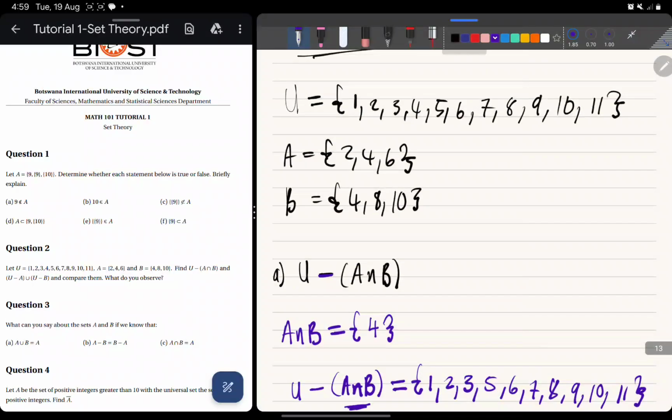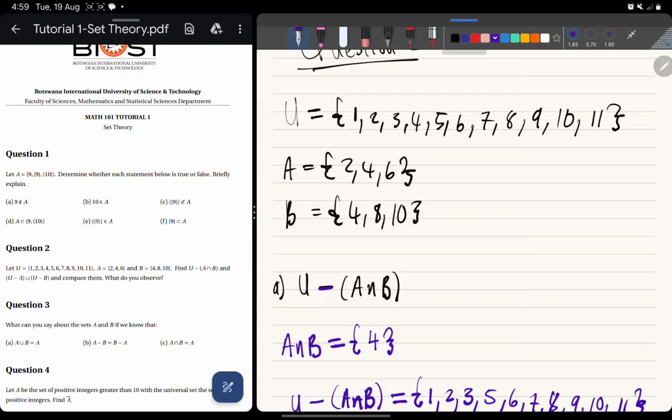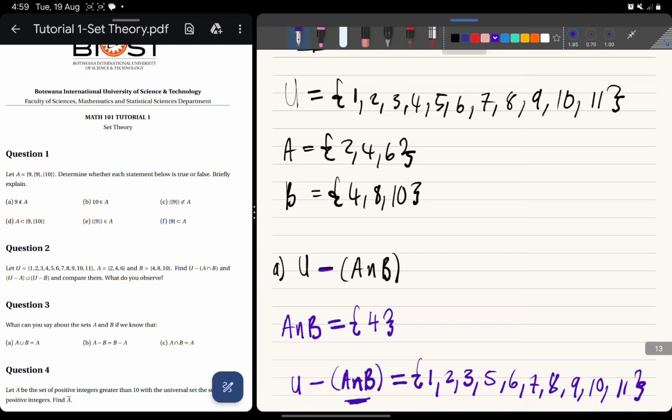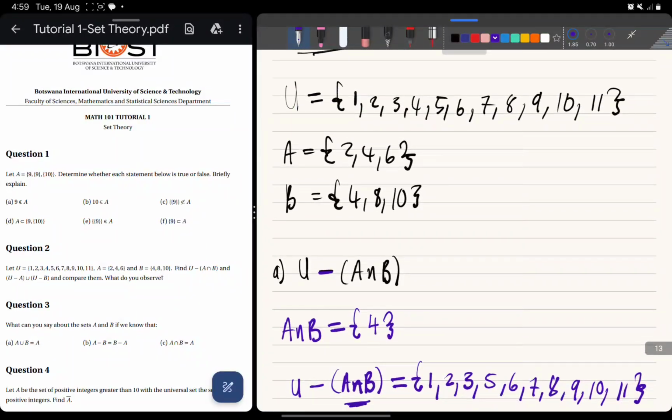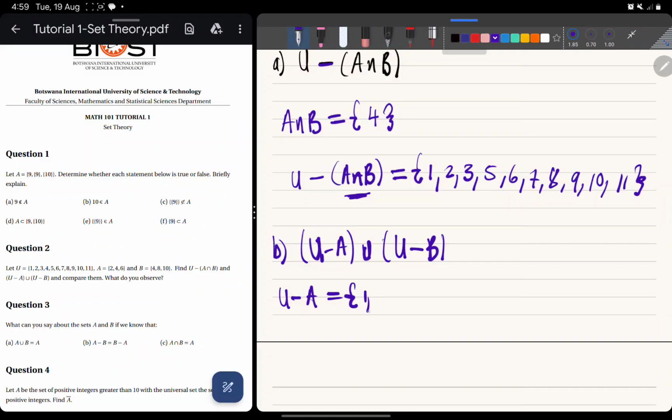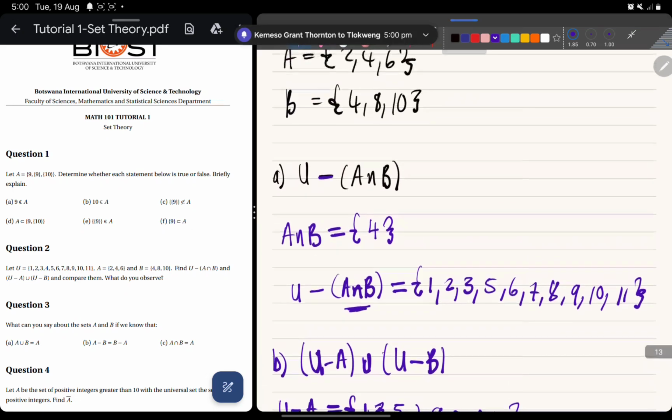We bring back the whole of the universal set, but we are not going to bring the things that are in A, which is 2, 4, and 6. So we are writing the numbers 1 to 11, but without 2, 4, and 6. So it's 1, then 3, then 5, then 7, then 8, then 9, then 10, then 11. Okay? And we stop.